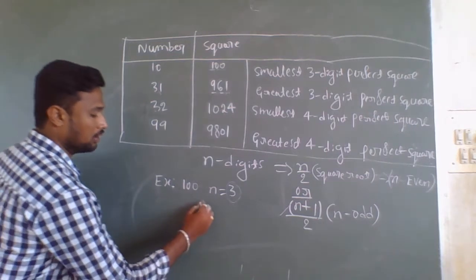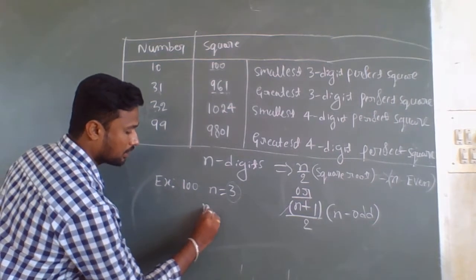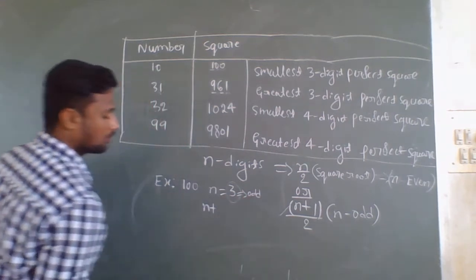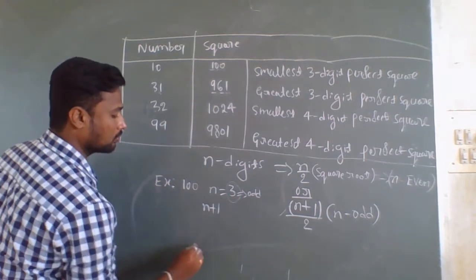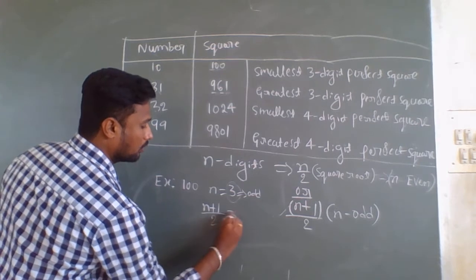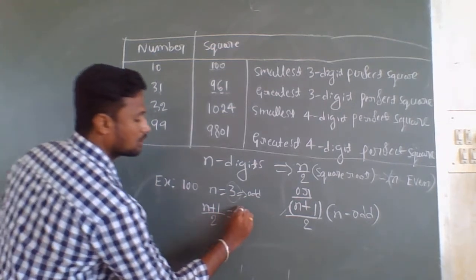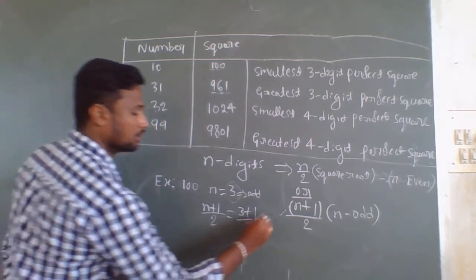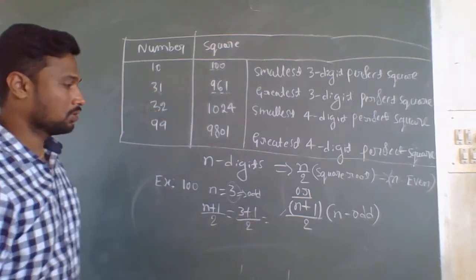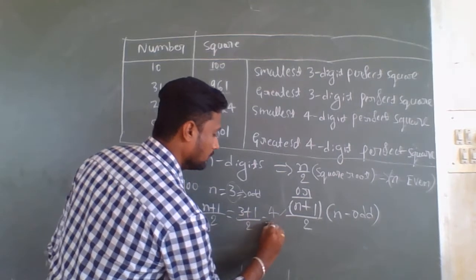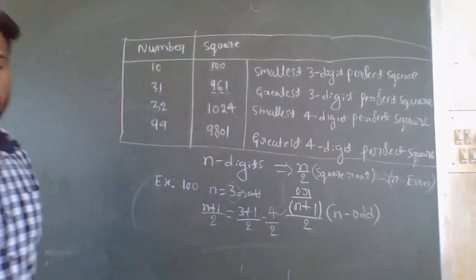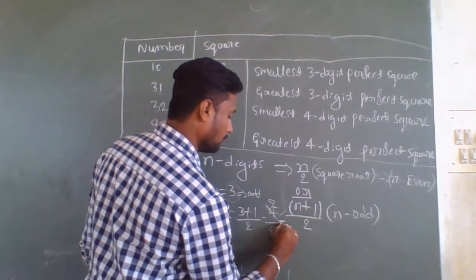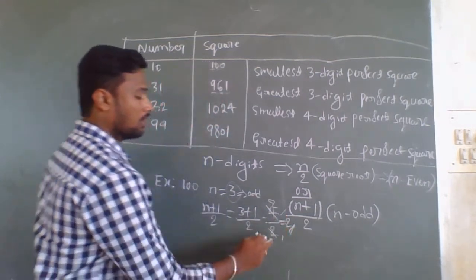This is an odd number, so I will use this formula, n plus 1 divided by 2. Here the n value is 3. So 3 plus 1 divided by 2 means 3 plus 1 is 4. 4 by 2, what will you get? 2 ones are 2, 2 twos are 4, so 2. What does this indicate?